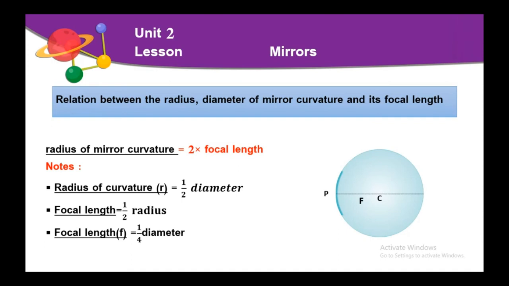The distance between the pole and the center is called the radius. The distance between the pole and the focus is called the focal length. So the focal length is half the radius.